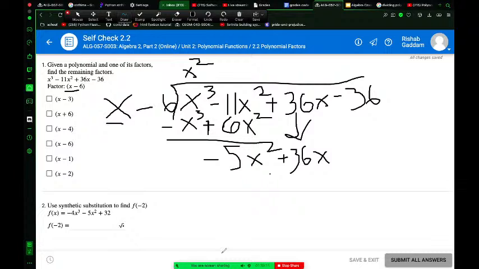I don't understand. What do you mean? Like how much does it go? Wait, how many times does x go into negative 5? How many times does x go into negative 5x squared?